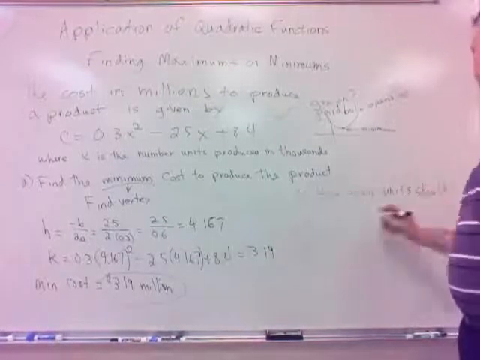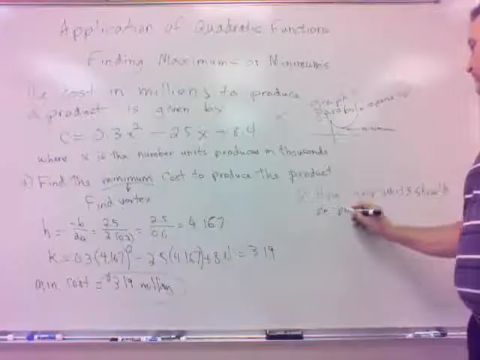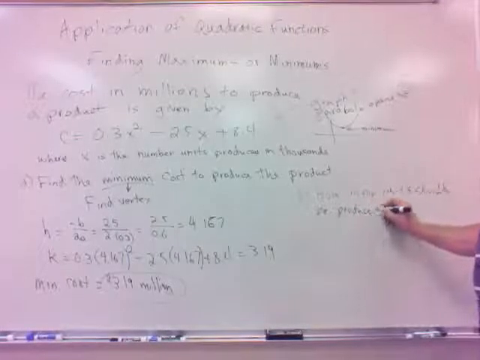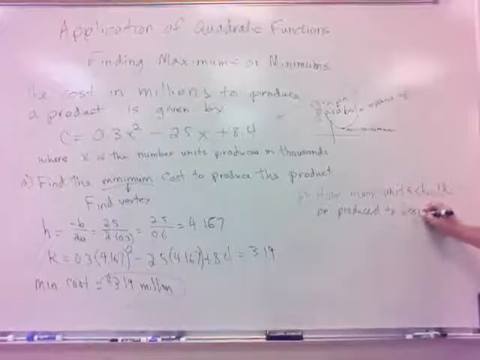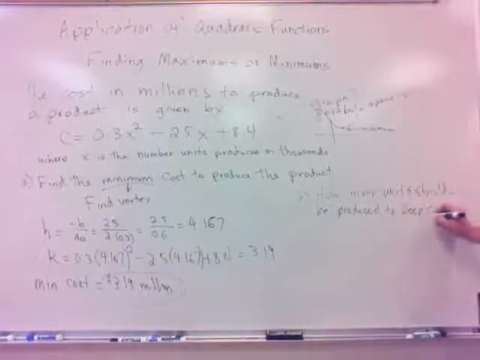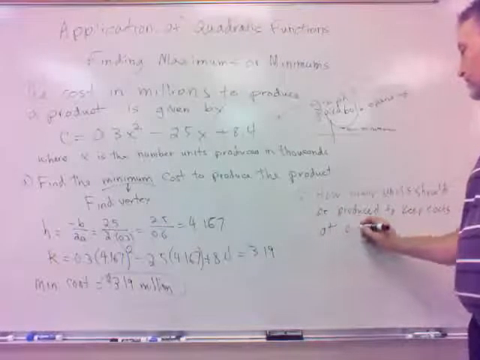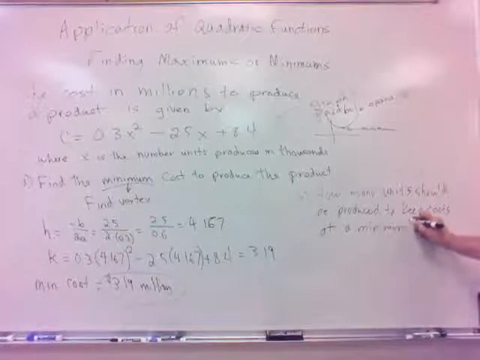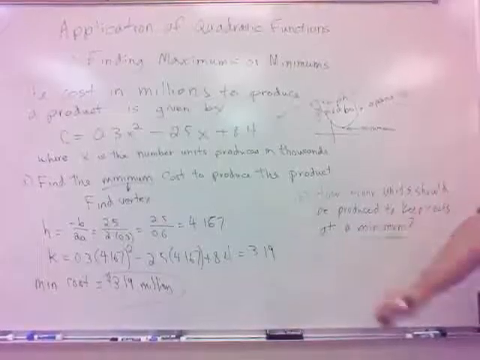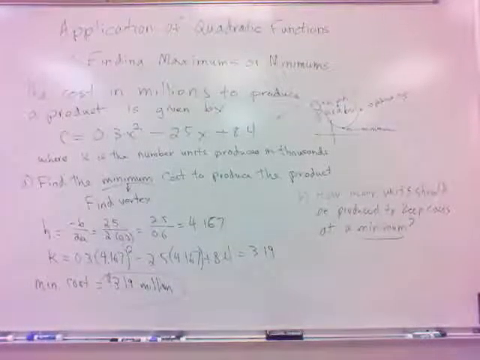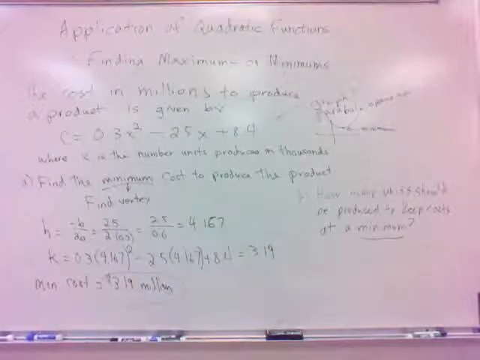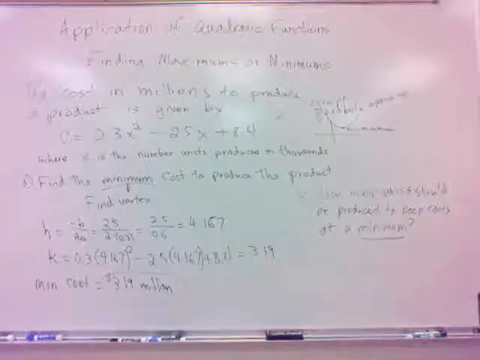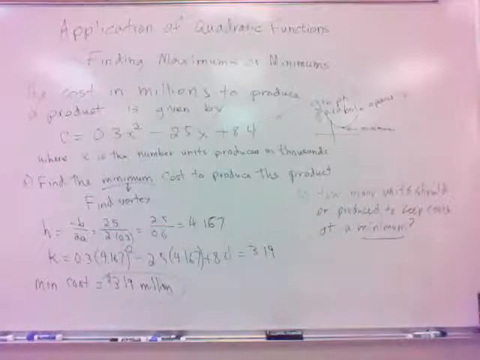How many units should be produced to keep costs at a minimum? Well, again, there's our minimum wording. And on parabolas, the minimum occurs at the vertex. So again, this is asking about the vertex. What do you think?